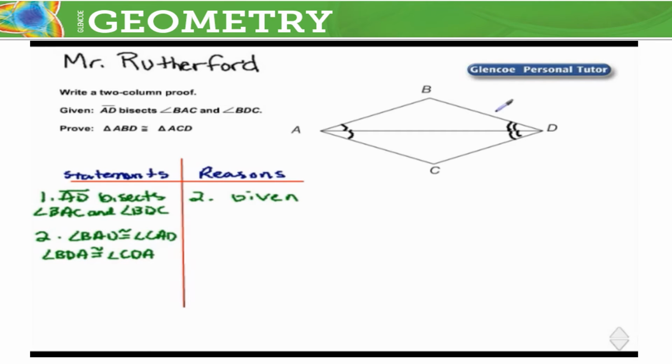Once again, as we've shown earlier. Now this is going to be our reason. I'll change this to a 1 here. That was our first reason. So our second reason will be the definition of an angle bisector.